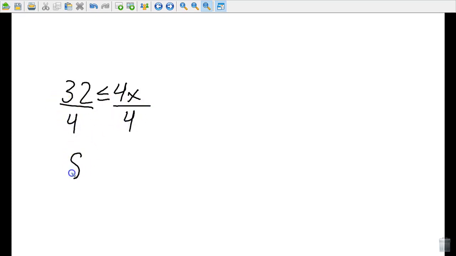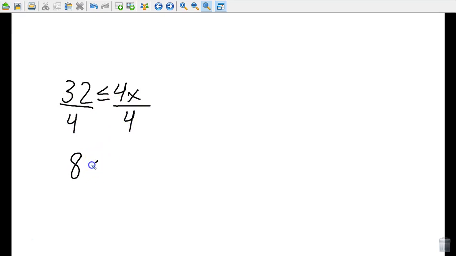Let's do one more. I've got 32 is less than or equal to 4x. We've got 4x, so we divide both sides by 4. I get 8 for 32 divided by 4.